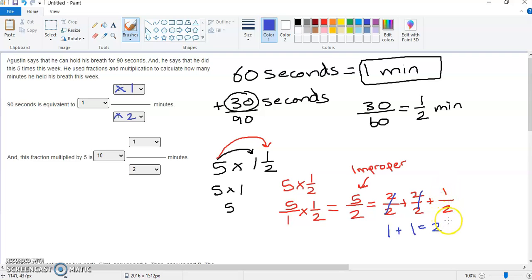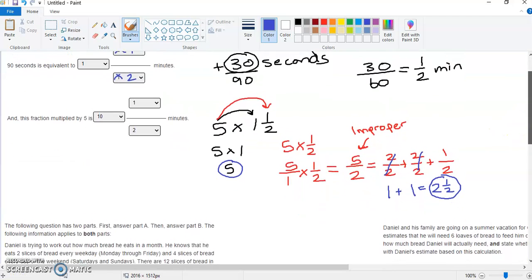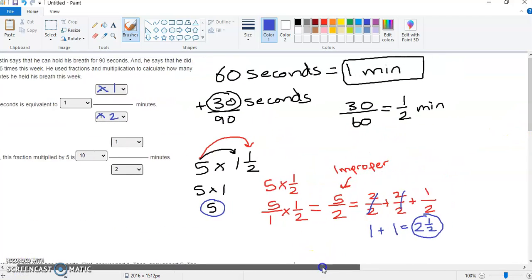Now 1/2 is just a fraction, so I can't trade it for a whole number. It's just 1/2. So remember what I said at the beginning. Whatever I get with this, I'm going to add to this one right here. So I take my 5, let me go over to the right.